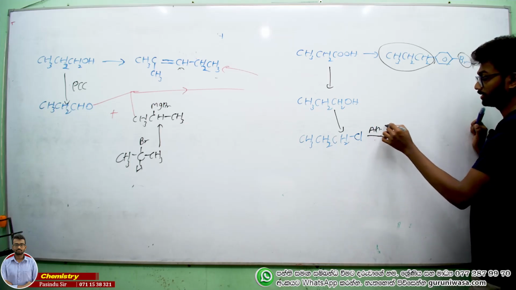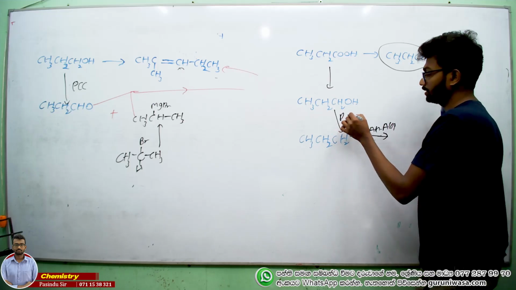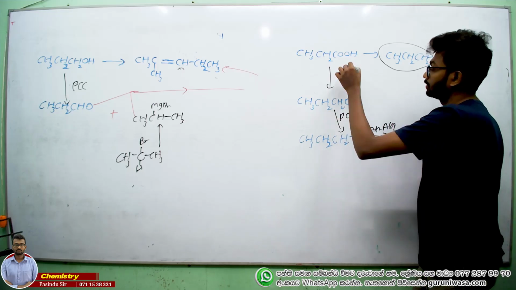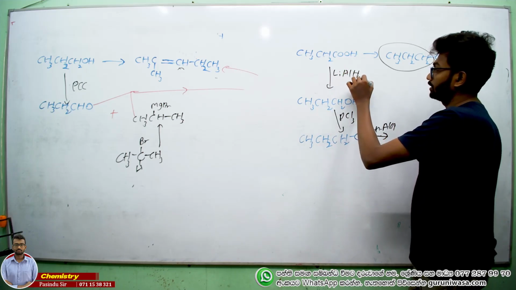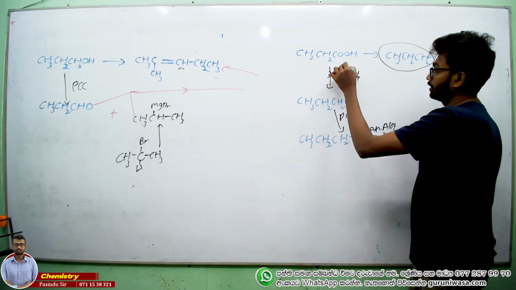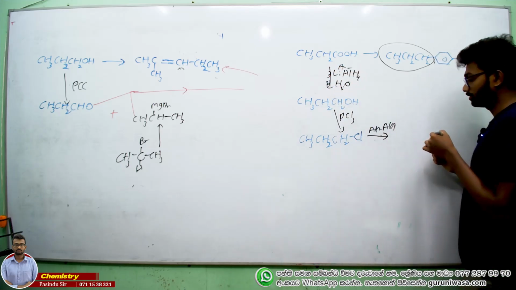Anhydrous AlCl3, right? Here PCl3 or PCl5, here lithium aluminium hydride, anhydrous, second one H2O.